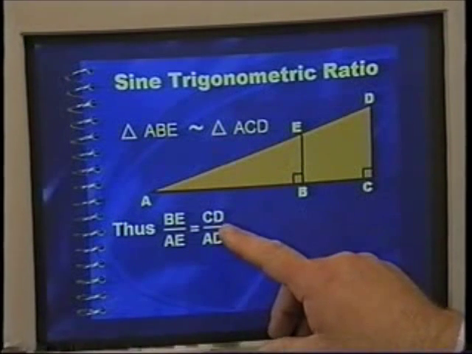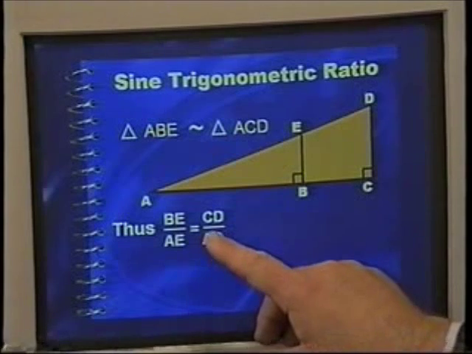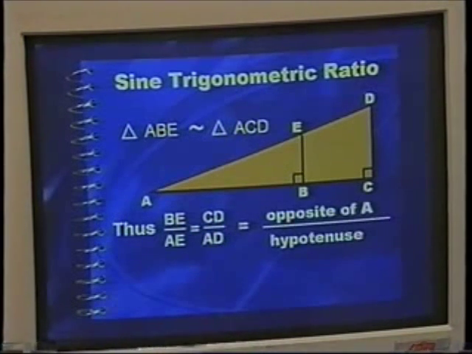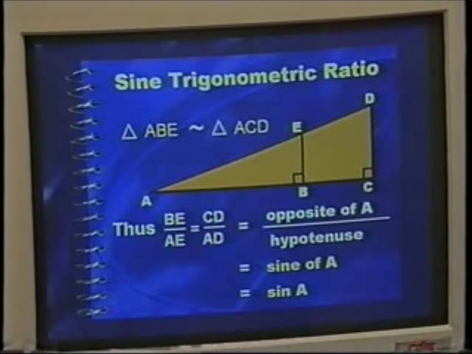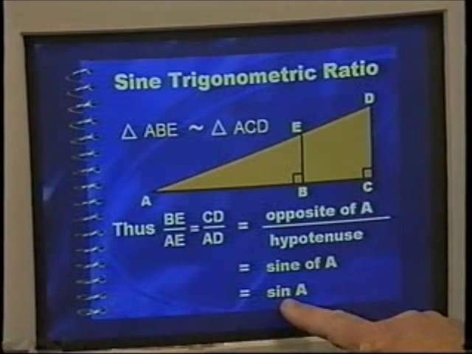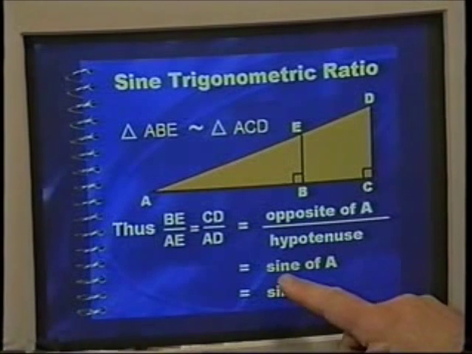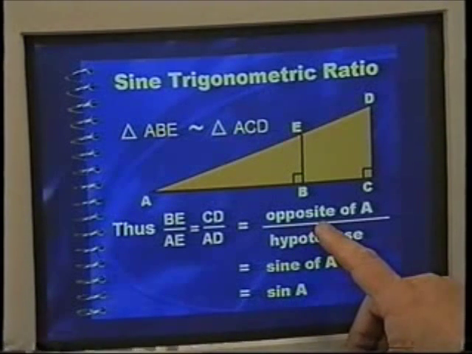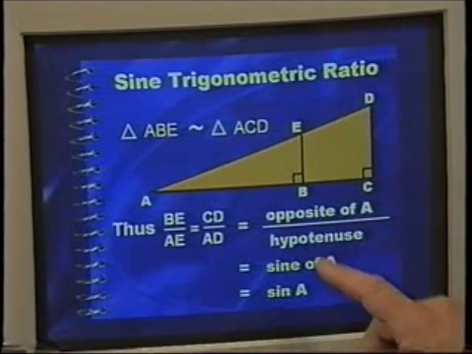So we can also see that CD over AD must be equal to BE over AE. Now, that particular ratio, the opposite of the angle A over the hypotenuse, is called the sine of angle A. And that's normally written as sine A and written as SIN rather than the full word SINE. So we say the sine of A is equal to the opposite of A divided by the hypotenuse.